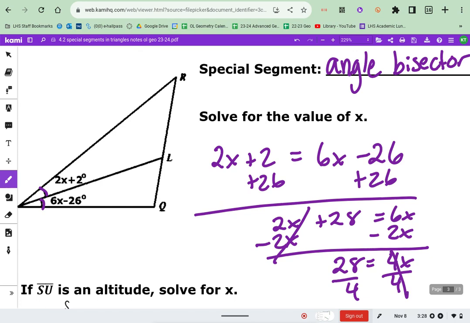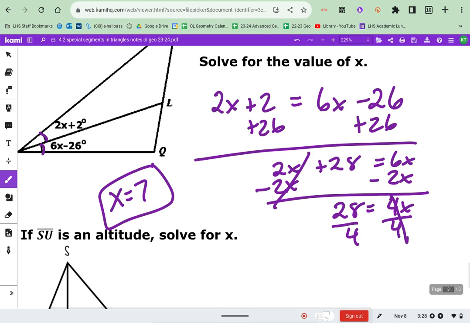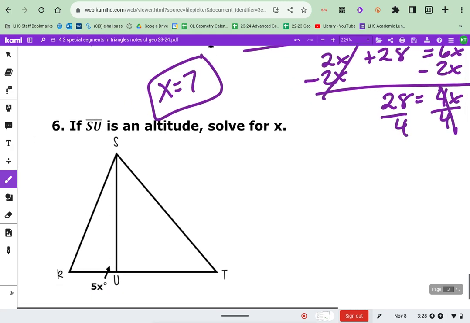Divide by 4 on both sides, and x equals 7. Okay, now last one.